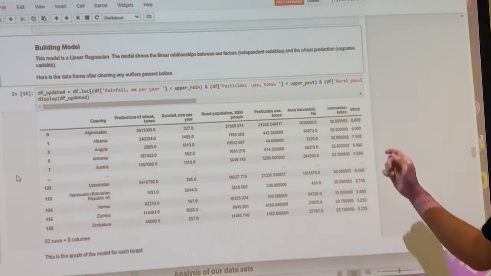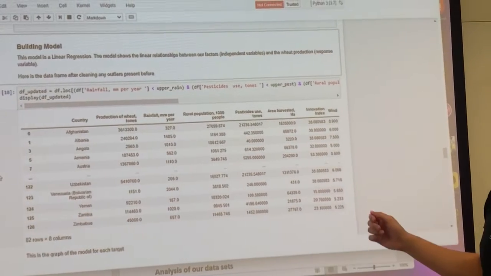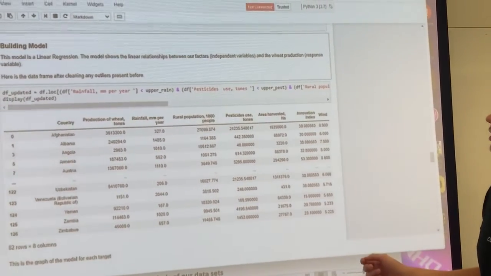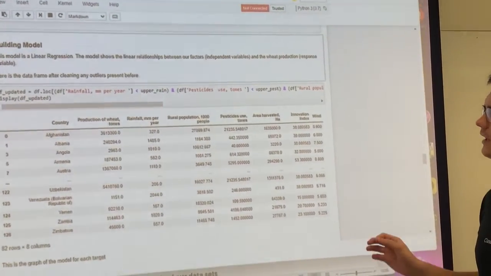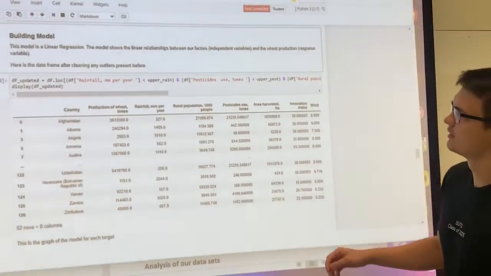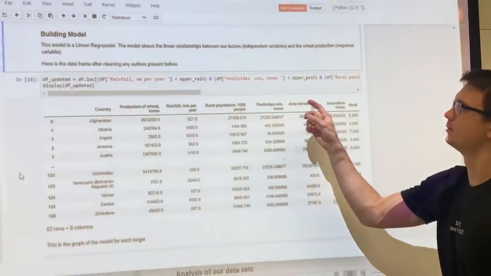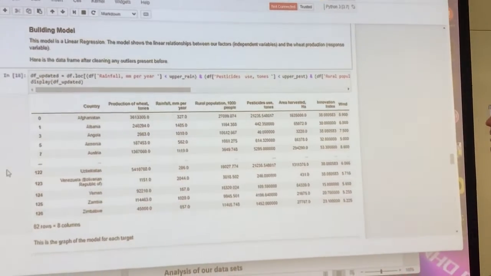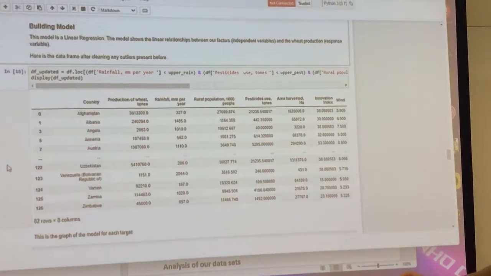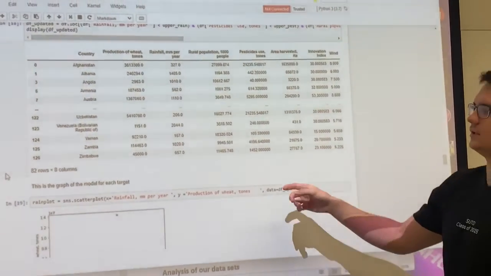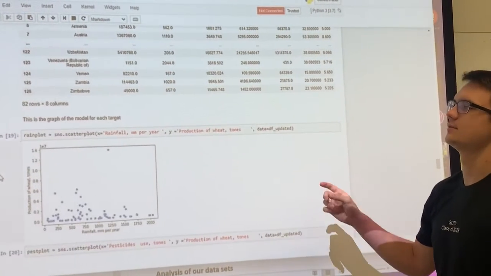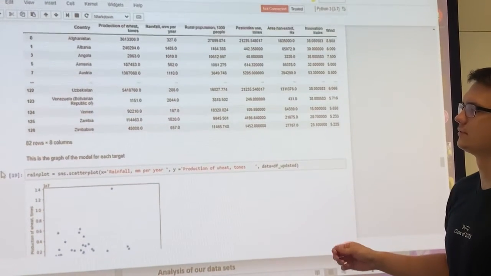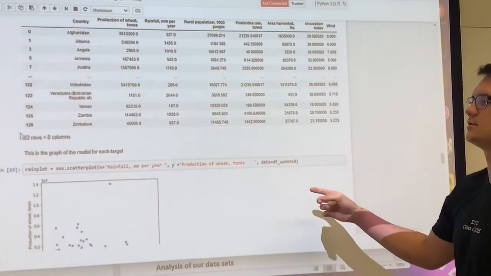We started building our model, linear regression, and we take all the values of our features that are more than the upper bound, we just exclude them, and therefore we exclude the whole row. And at the end we had 181 countries, but we were only left with 127.